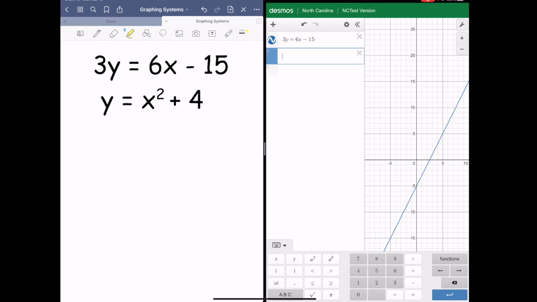And in the second box, we have y equals, now this time we have an x squared. So I'm just going to make a note here in Desmos: to type an x squared, you're going to click the button a to the power b.